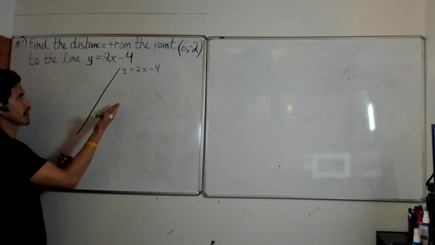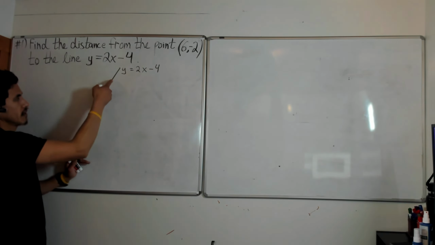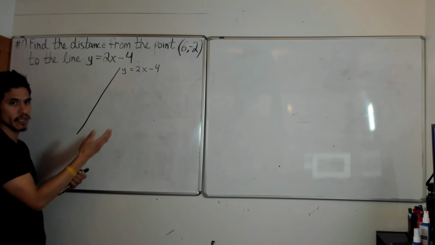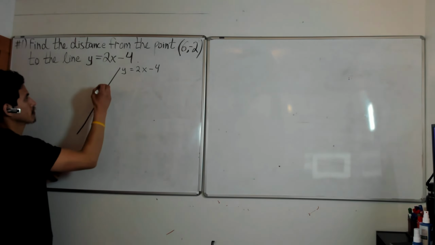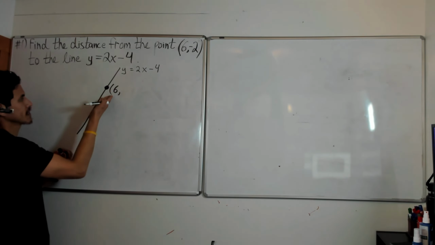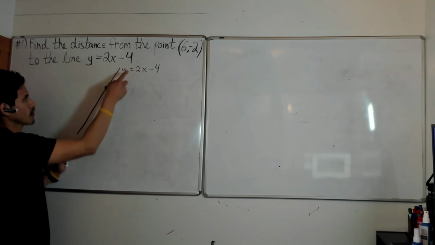And then we have to see where this point is relative to this line. You really just want to see if it's going to be above it or below it. That's the main thing. So what you can do is just pick the coordinate x = 6 on the line, and see what the y value is.